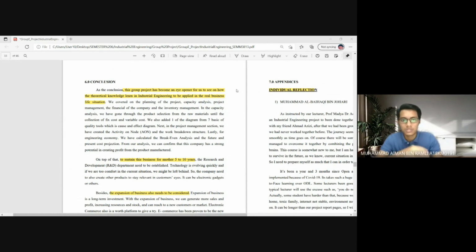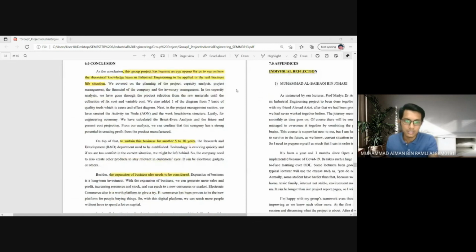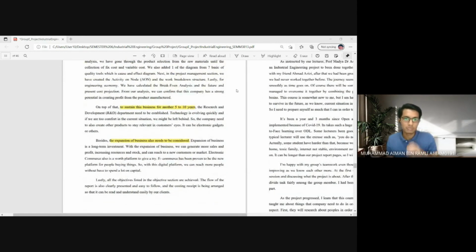If we want this project to sustain for 5 or 10 years more, we need to create a research and development department, so our company is not just focused on producing laptop cooler pads, but in the future will also produce other products that will sustain the business. The next thing, we also want to expand the business, not just focusing on physical retail but also going into e-commerce retail, so we can benefit from the expansion of the business there.